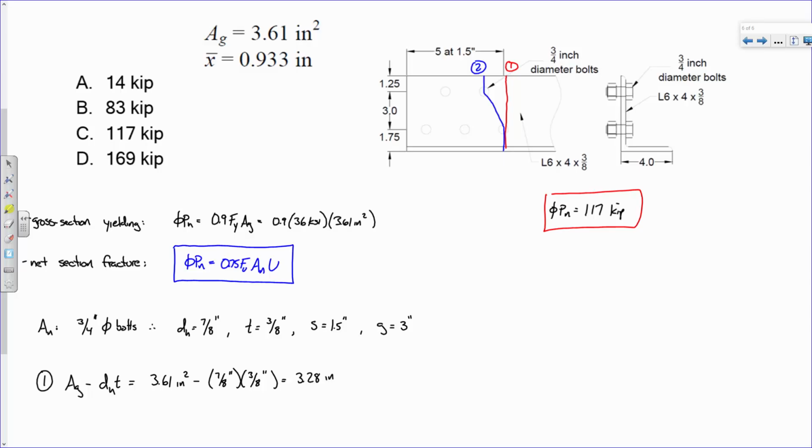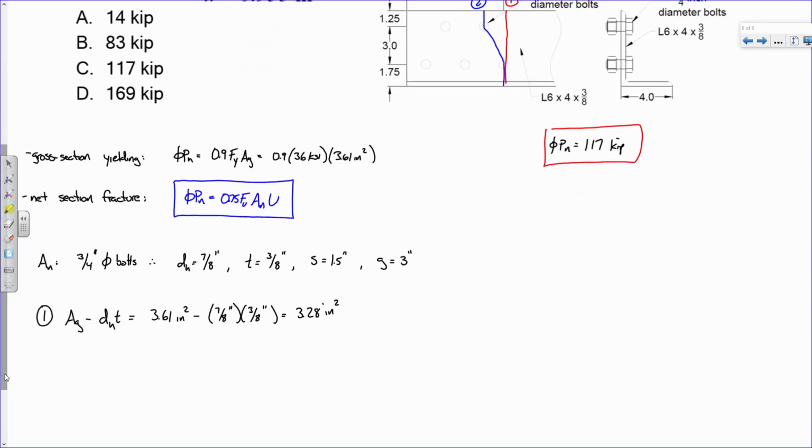Point 28. Do I have a second on that? Yes. Path 2. How many bolt holes am I subtracting? 2. But I'm missing something. I gotta add a stagger factor. Remember, it's S squared over 4G times the thickness.